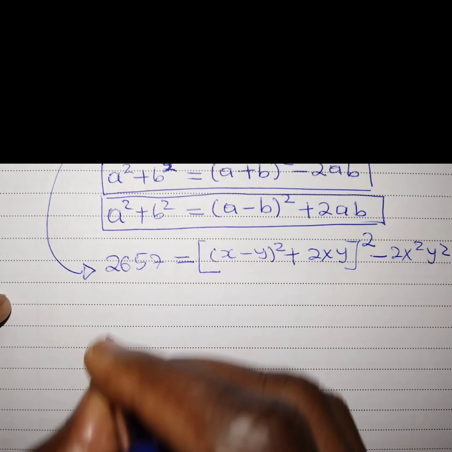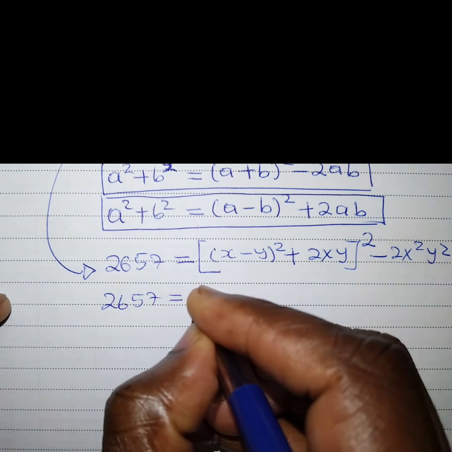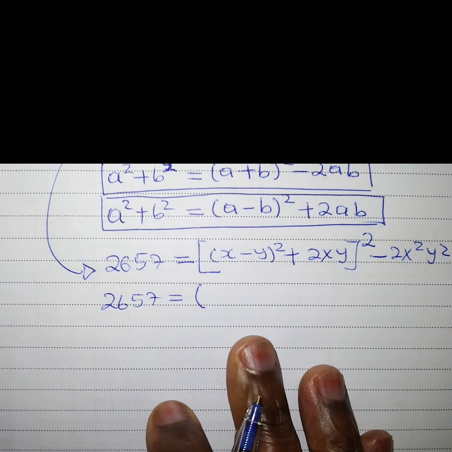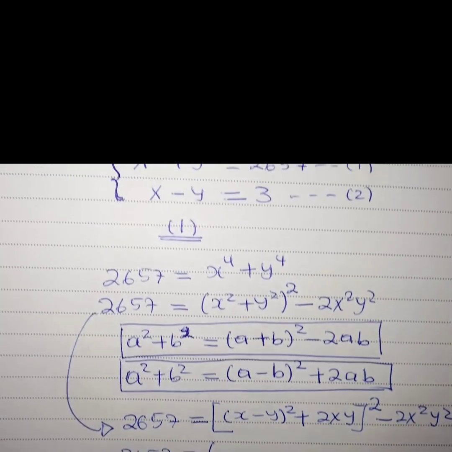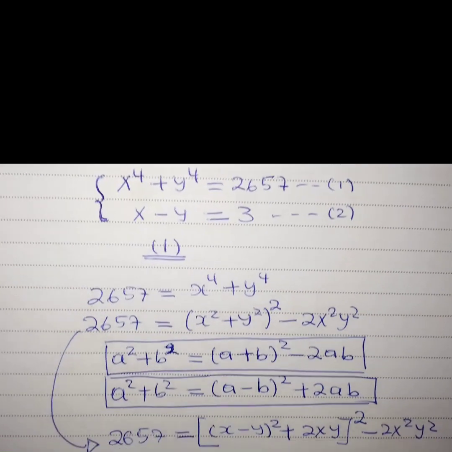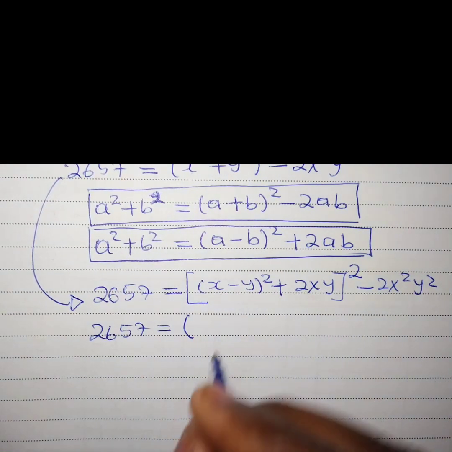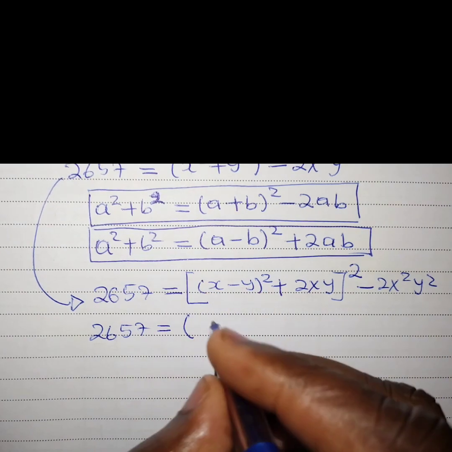Then I'll have 2657 equals, ladies and gentlemen, we know from the question that x minus y equals 3. And here we have x minus y, so I'm going to replace x minus y by its value, which is 3.